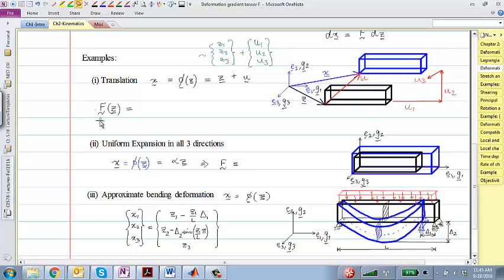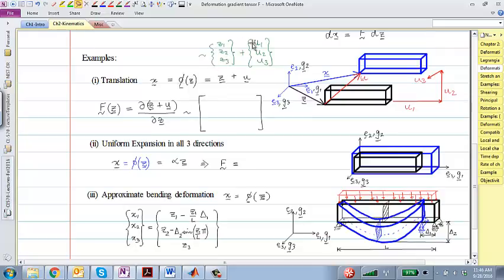So F is a tensor field that is the gradient of this. We can write that as the partial of z plus u, again with some ambiguous notation here, but in terms of components, what we are writing is the partial of xi with respect to zj.